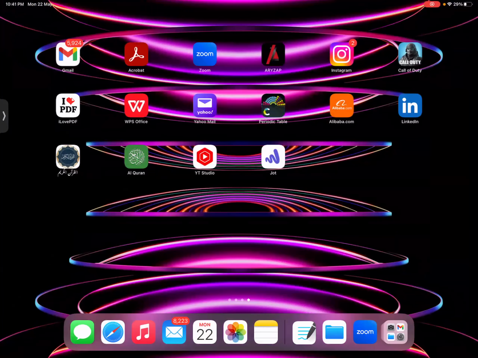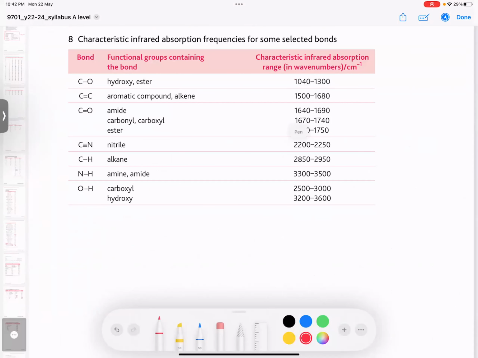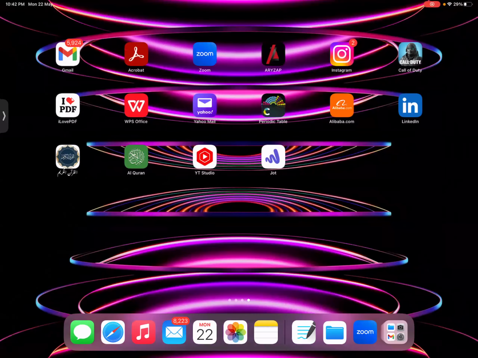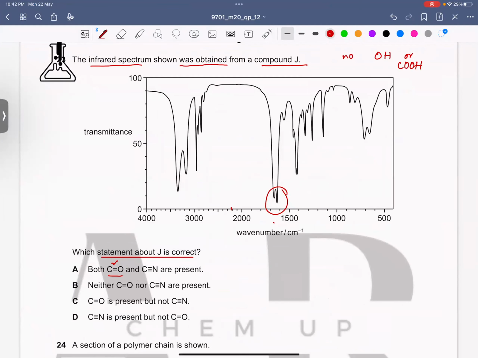So C triple bond could be observed at 2200 to 2250. So here is 2200, 2300, 2400, so 2350. We are not observing any peak over here, so it means C triple bond N is not there.